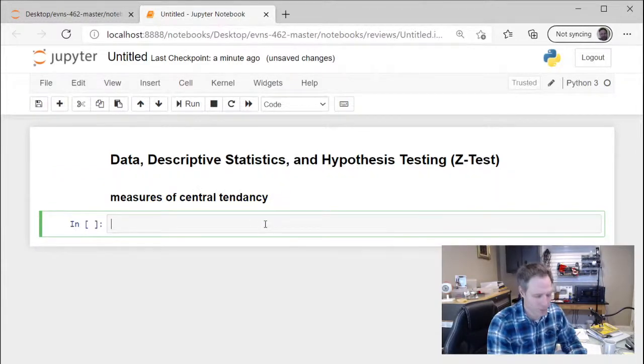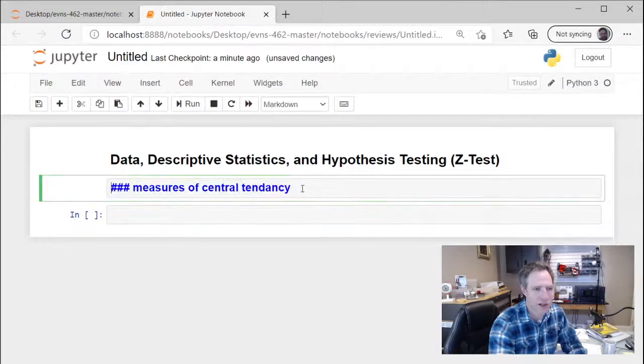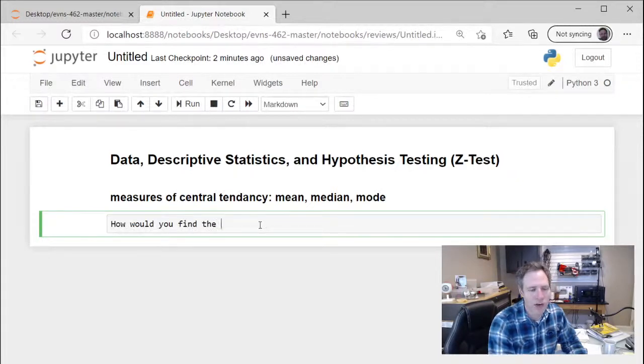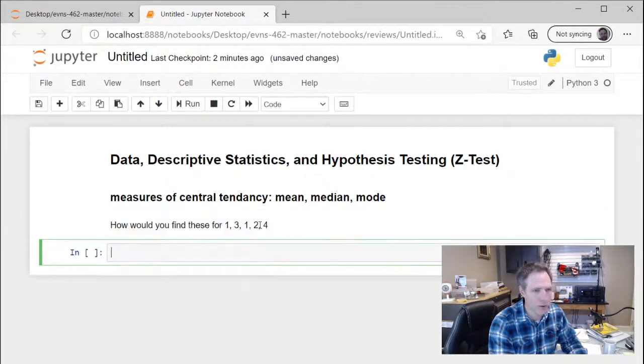And we talked about 3 specific measures of central tendency: the mean, median, and the mode. Okay, so let's do an example here. Let's just make up some data. And how would you find these measures of central tendency for the numbers 1, 3, 1, 2, and 4? You know, just made up data.